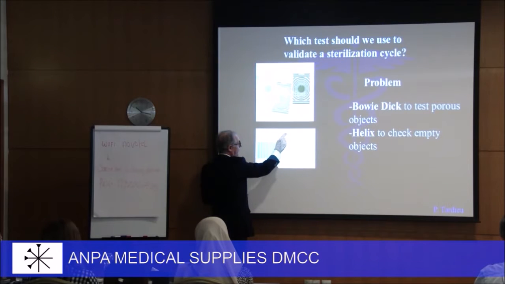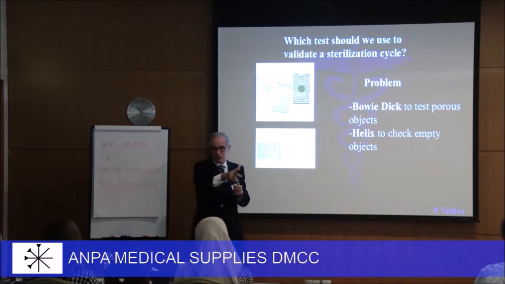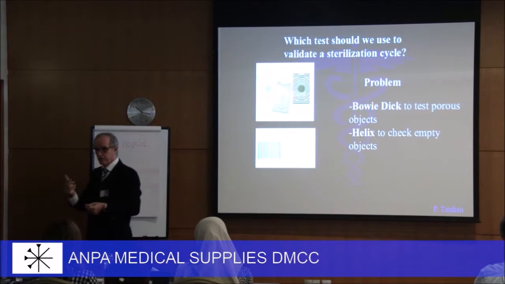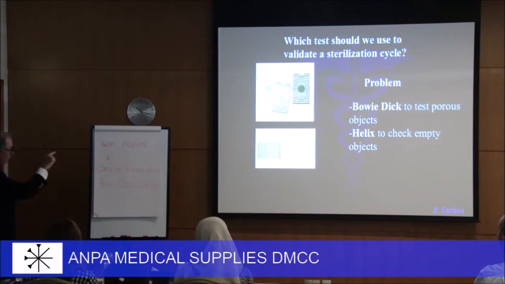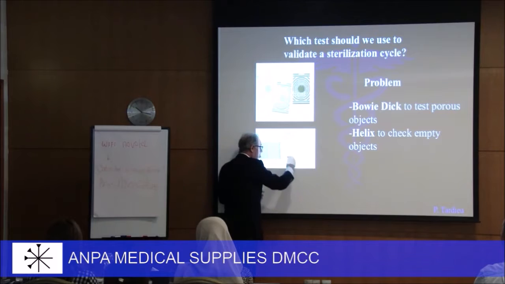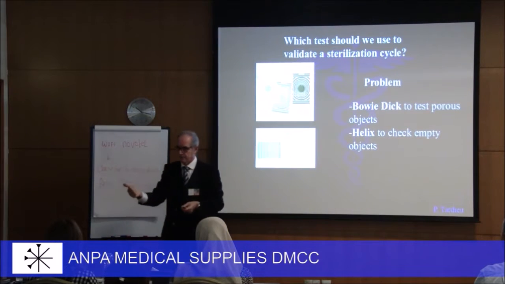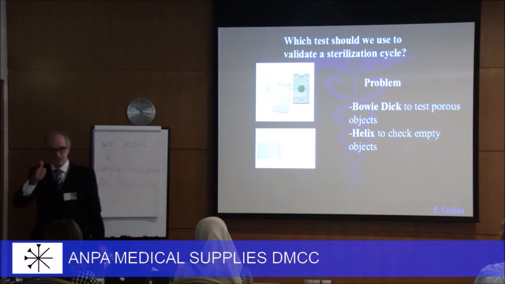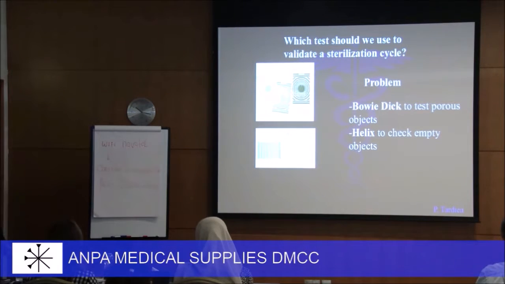We put a marker here, we close that, we put it in the sterilizer, and we wait. When we open it, if the color of the helix piece of paper has changed, this means that the sterilization went all along through this cylinder up to this, and it's validated. If a Bowie-Dick is validated, it doesn't mean that the helix will be validated. If the helix is validated, by default, the Bowie-Dick is validated.